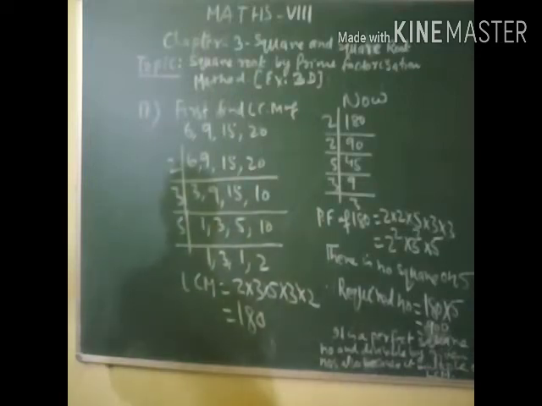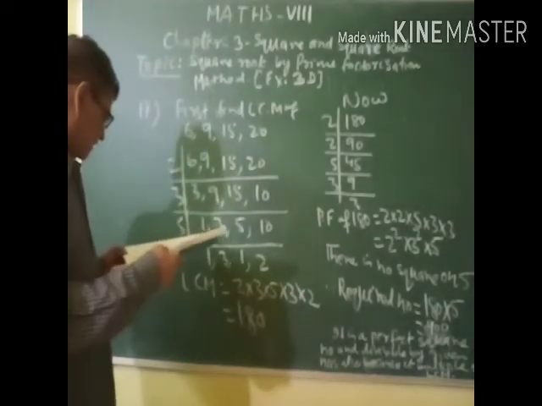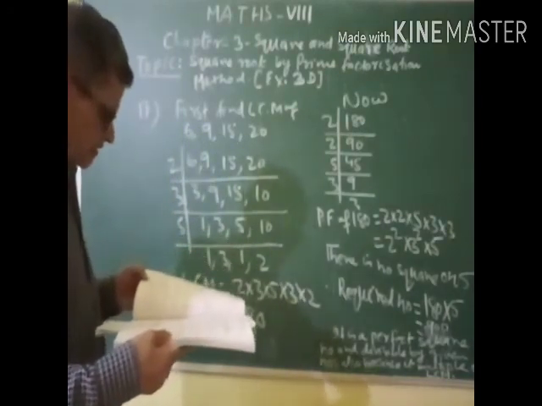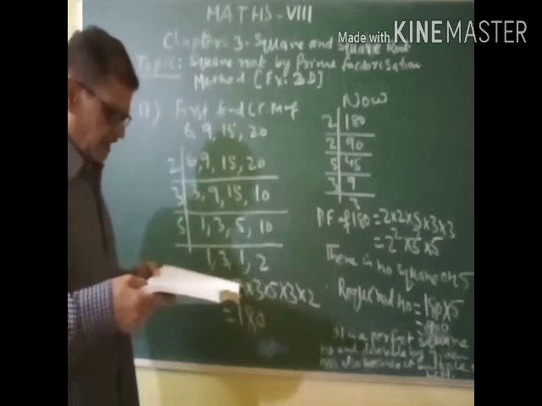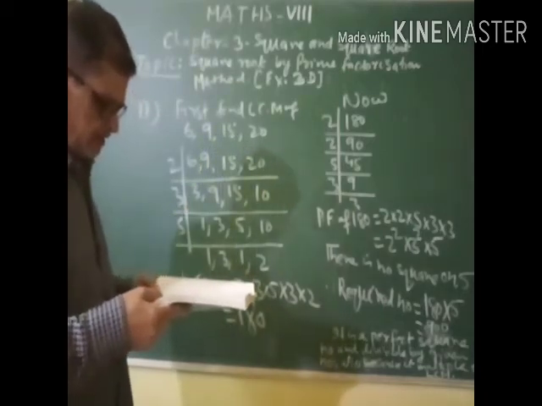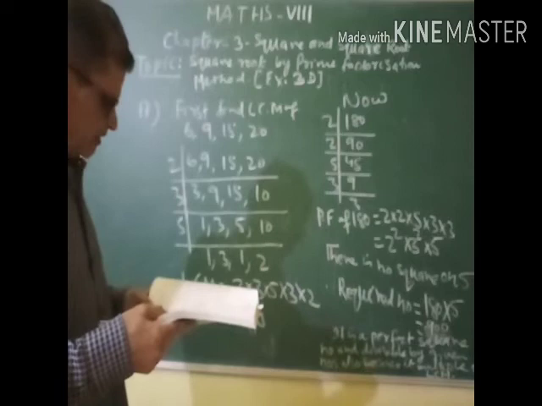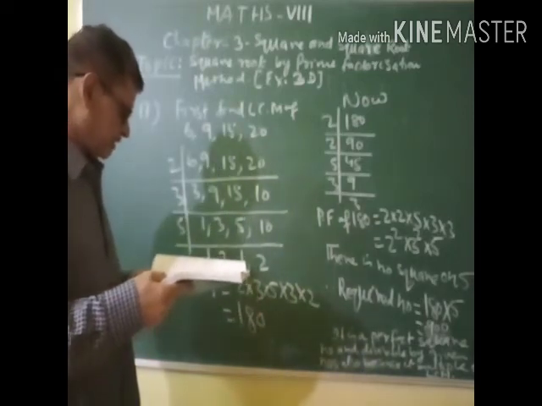Come to question number 17. Find the least square number which is exactly divisible by each of the numbers 6, 9, 15 and 20.